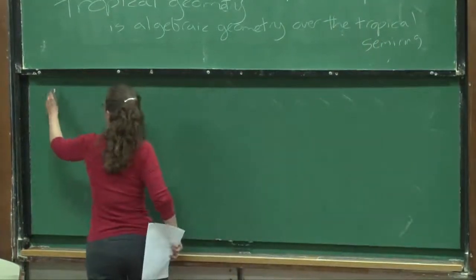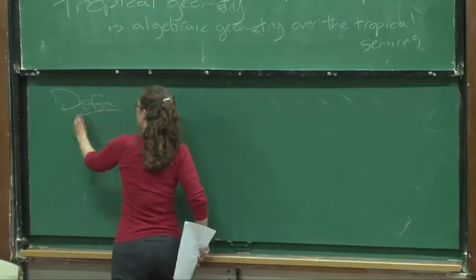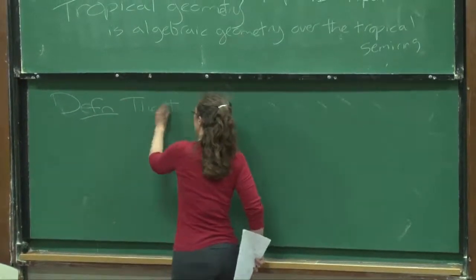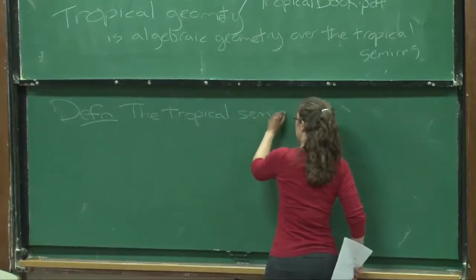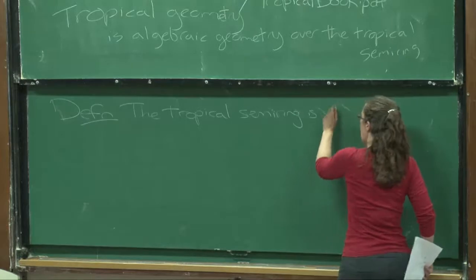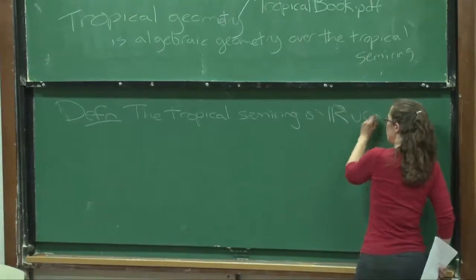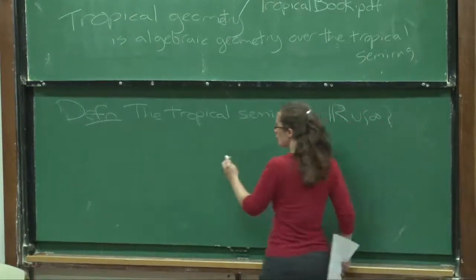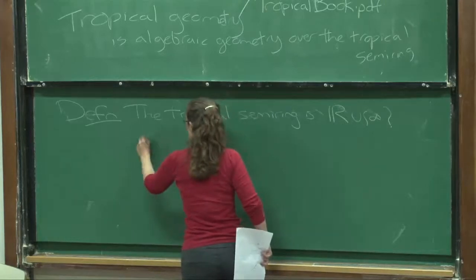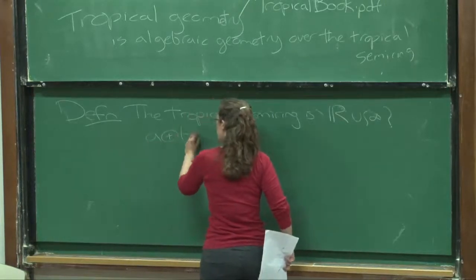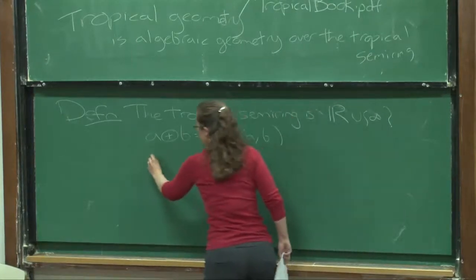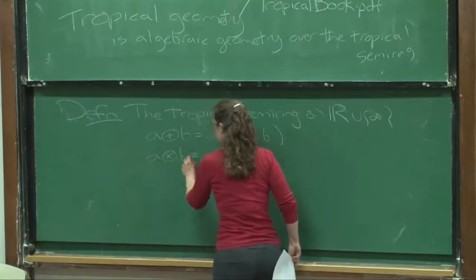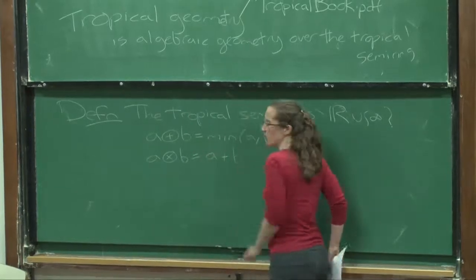The tropical semiring is going to be R union infinity. We have two operations. We have tropical plus, a plus b is the minimum of a and b, and a times b is the usual a plus b.